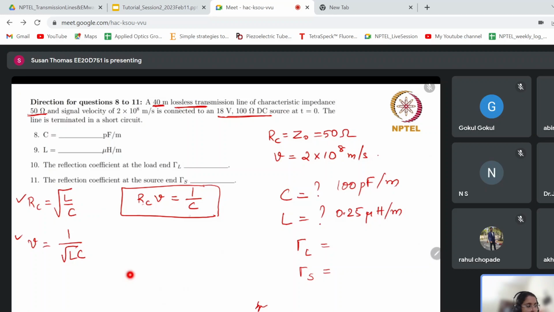RC into V will give you 1 by C, and RC by V will give you L. I think it's familiar, the equation for gamma L and gamma S: RL minus RC by RL plus RC.